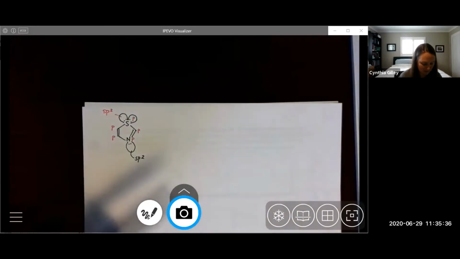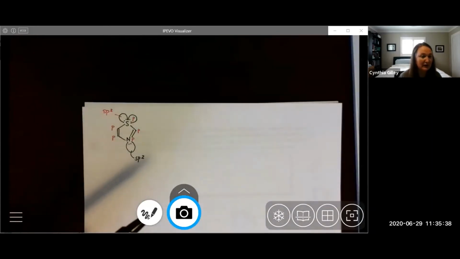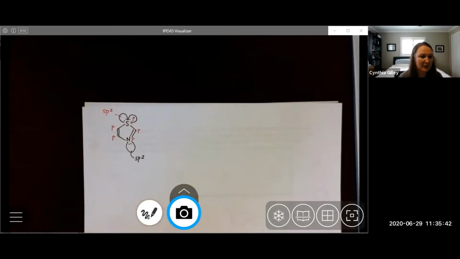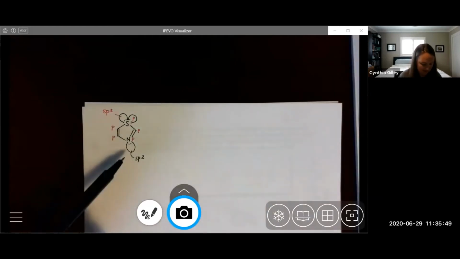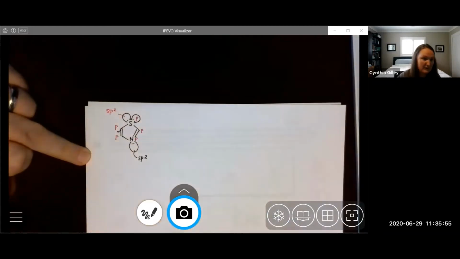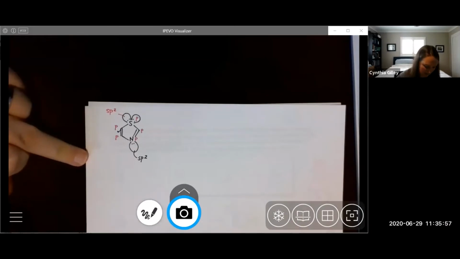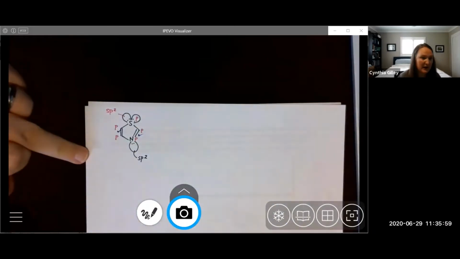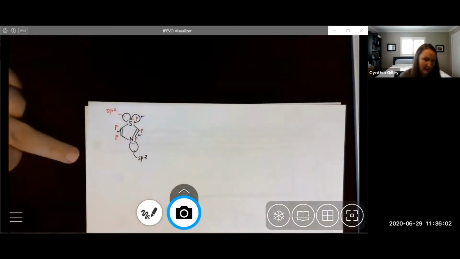Right? This lone pair will only go into a p orbital if that would make it aromatic. If it would make it anti-aromatic, it will choose to go into a hybridized orbital. That's what makes it more stable. But in this case, if I put it into a p orbital, then how many electron pairs do I have? 1 pair for that pi bond, 1 pair for that pi bond, and 1 pair in the p orbital. That would be 3 electron pairs.